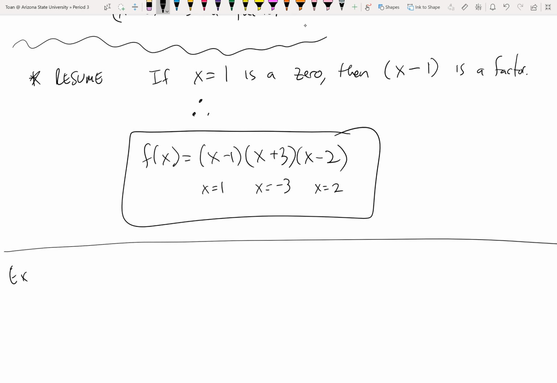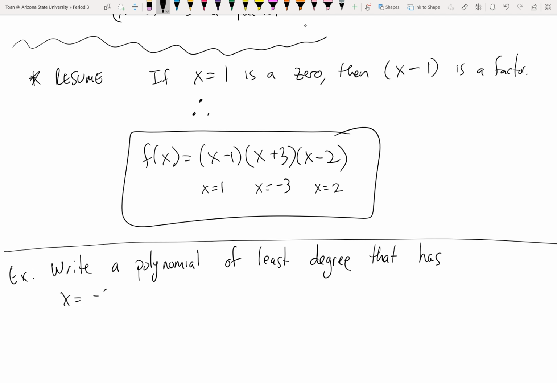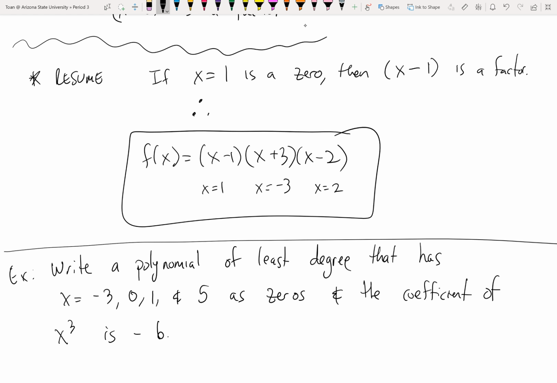For example, suppose I asked you to write a polynomial of least degree that has x equals -3, 0, 1, and 5 as zeros, and the coefficient of x cubed is -6. Right.